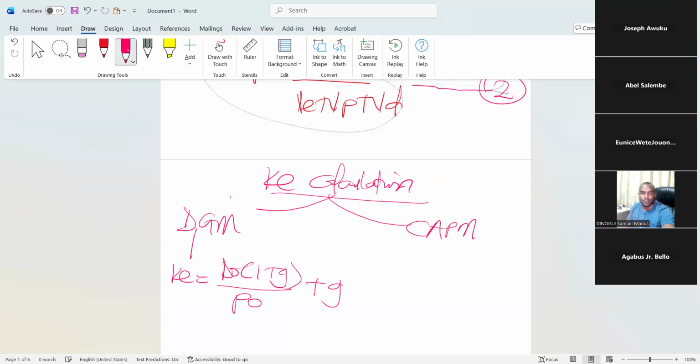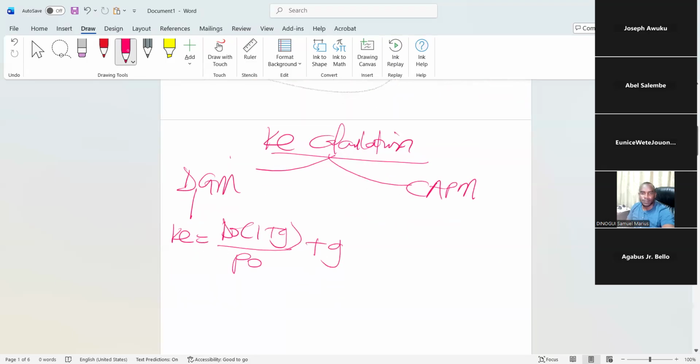Now the question is, how do we get this D0? This D0 is the current dividend, and this g is the growth rate. Then this P0 is the ex-div share price. So you need D0, g, and P0. These are the three things you need in calculating KE using the dividend growth model.